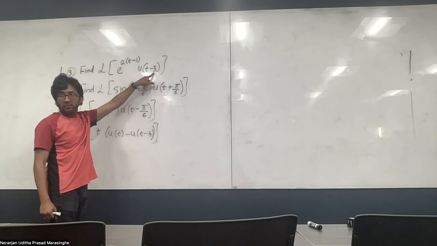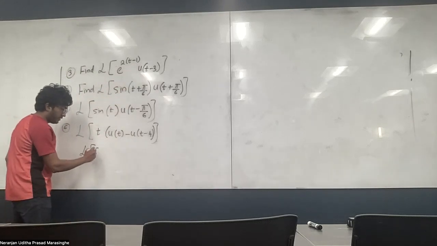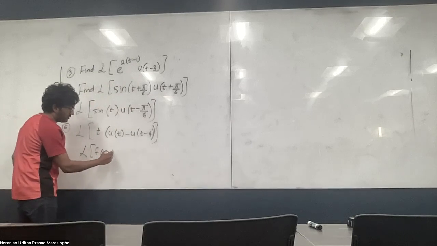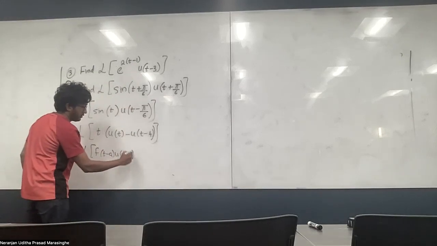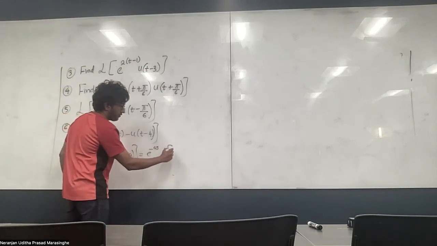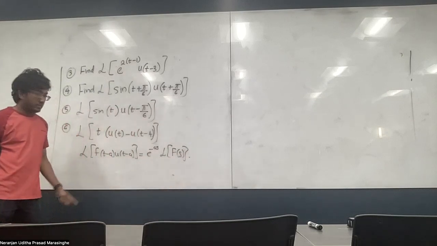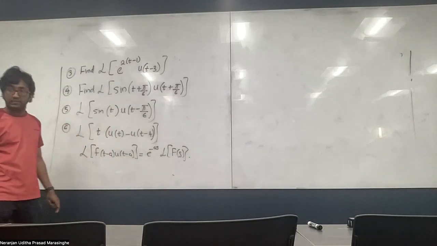Right? Because second translation theorem says Laplace of f(t minus a) u(t minus a) is equal to e to the minus as Laplace of F(s). Okay. This is what second translation theorem says, right?